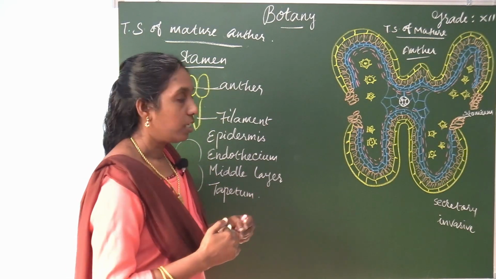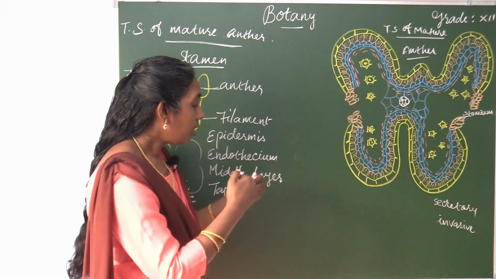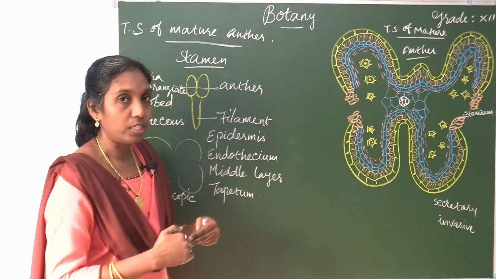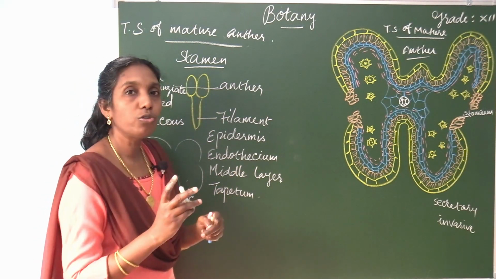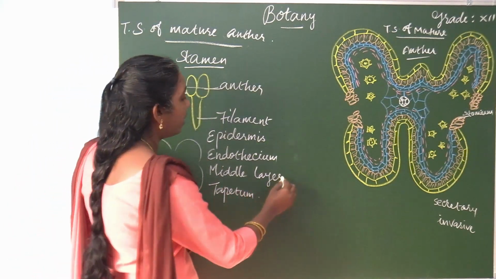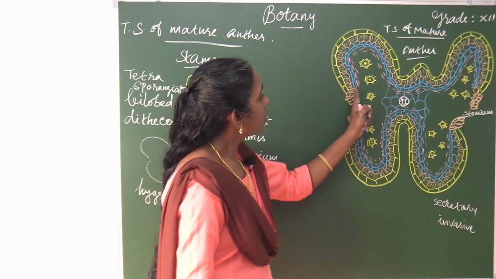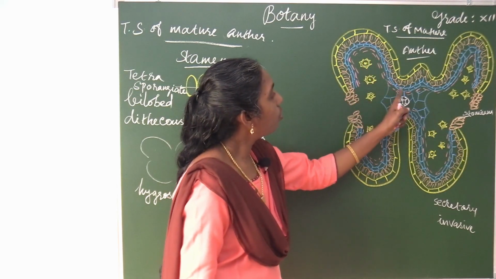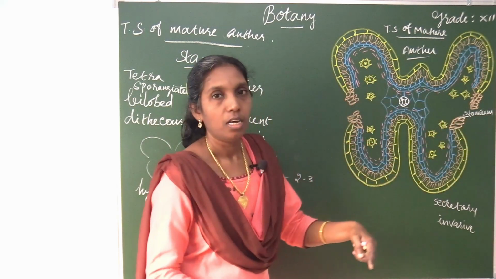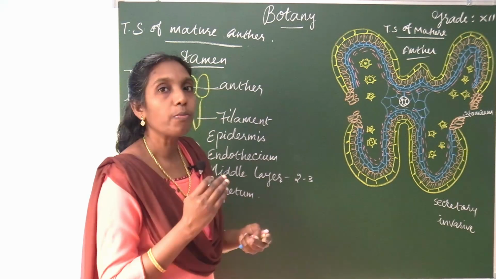Inner to this endothecium, there are 2 to 3 layers, either 2 layers or 3 layers, of middle layer.